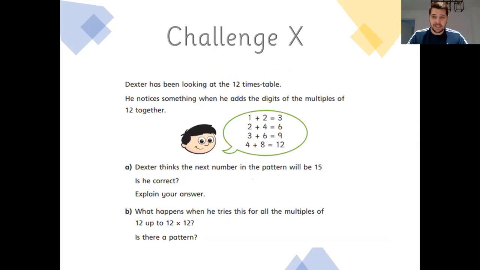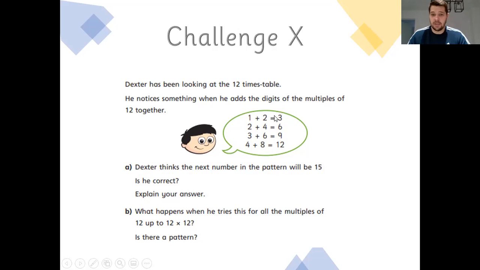And then finally, your challenge. Dexter's been looking at the 12 times table. He notices something when he adds the digits of the multiples of 12 together. So 12, 1 plus 2, 24, the second multiple of 12, 2 plus 4, 36, 48.